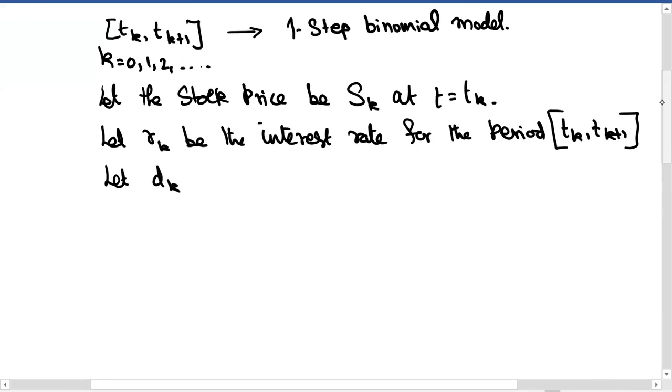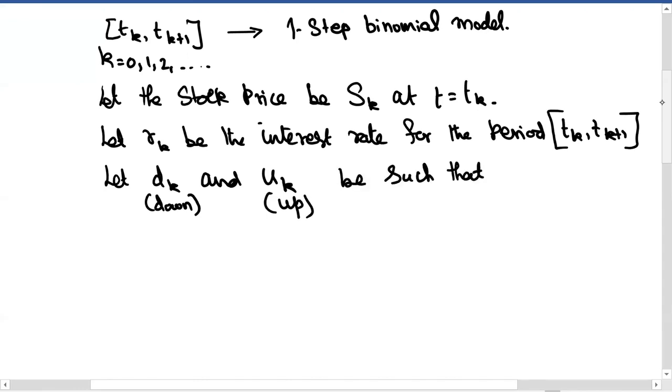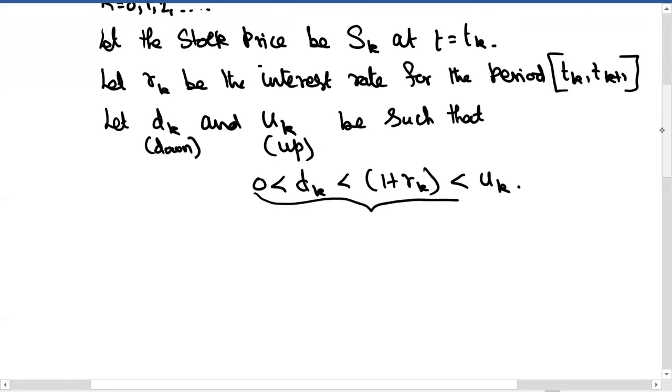Next, we will take two numbers dk and uk, which can be interpreted as down and up, such that 0 is less than dk, which is less than 1 plus rk, which is less than uk. This condition is called the no arbitrage condition. We'll talk about later why it is called the no arbitrage condition.